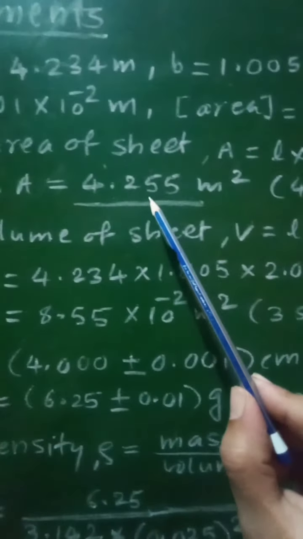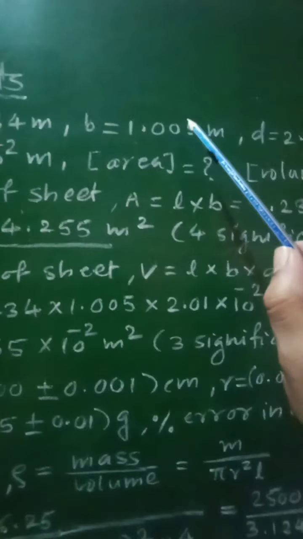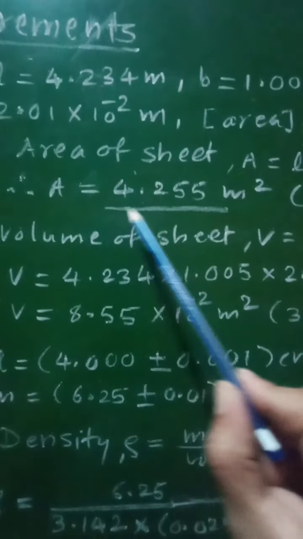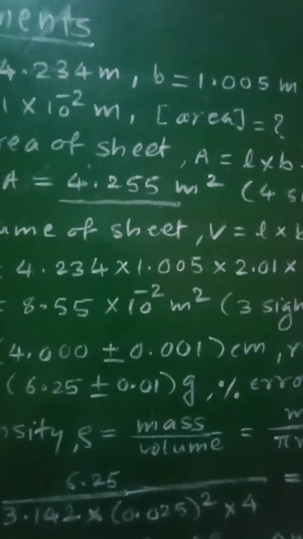It will be up to 4 significant figures because for both length and breadth the significant figures are 4, and therefore area will be expressed in 4 significant figures.